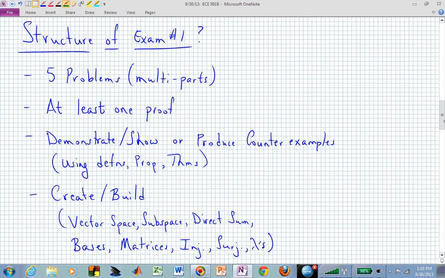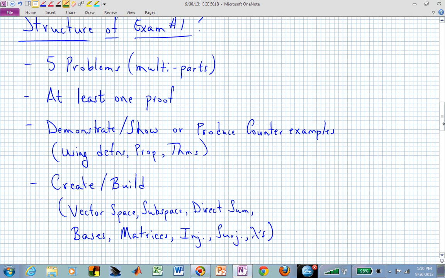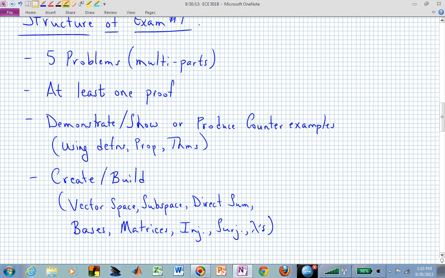In terms of the structure, it's still a little bit up in the air, but I'm thinking it will consist of 5 problems. Some of those problems might have multiple parts. There'll probably be at least one proof, more of a formal proof than the other classes of questions, which might be to demonstrate or show or produce counterexamples. And there you'll want to use definitions or propositions and theorems to guide you in that process.